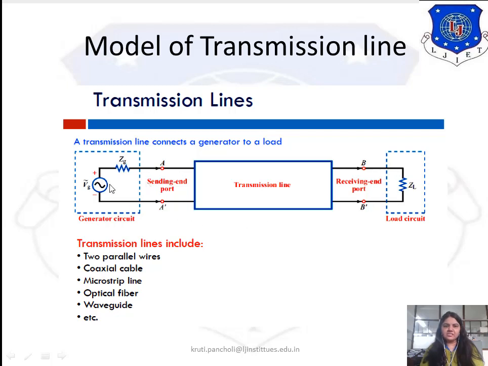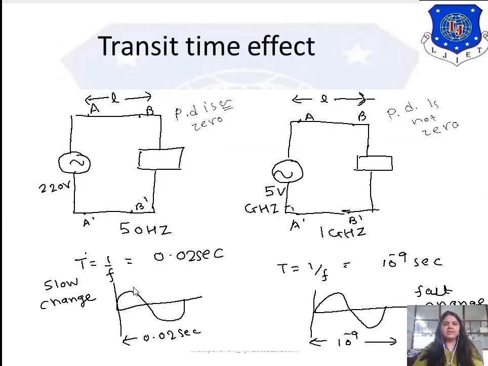The generating end sends the power through the transmission line and it reaches the receiving end. Here, the transmission line includes two parallel wires, coaxial cable, microstrip line, optical fiber, and the waveguide.